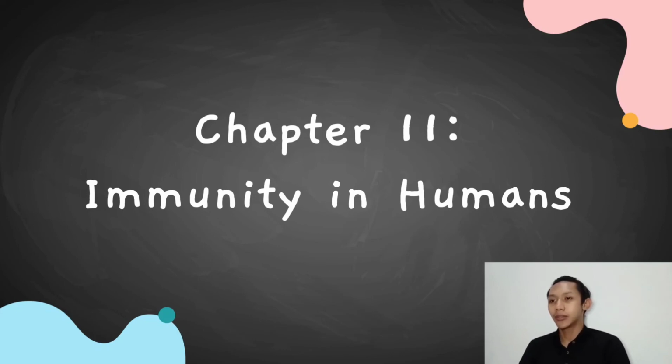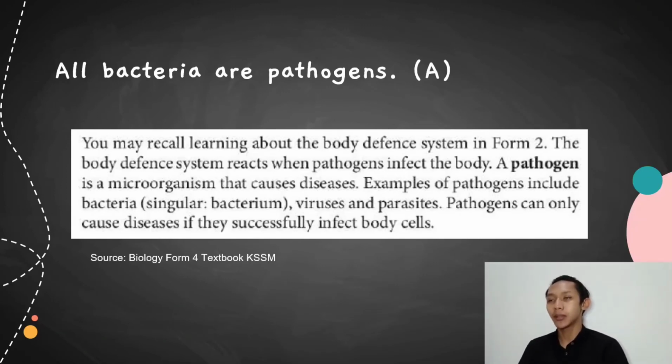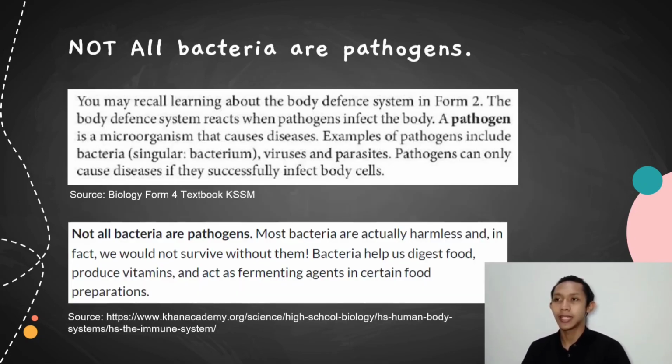Okay, proceed to chapter 11, which is immunity in humans. So, the misconception in this chapter is that all bacteria are pathogens. The student has this misconception after learning the topic in an exam. So actually, not all bacteria are pathogens.